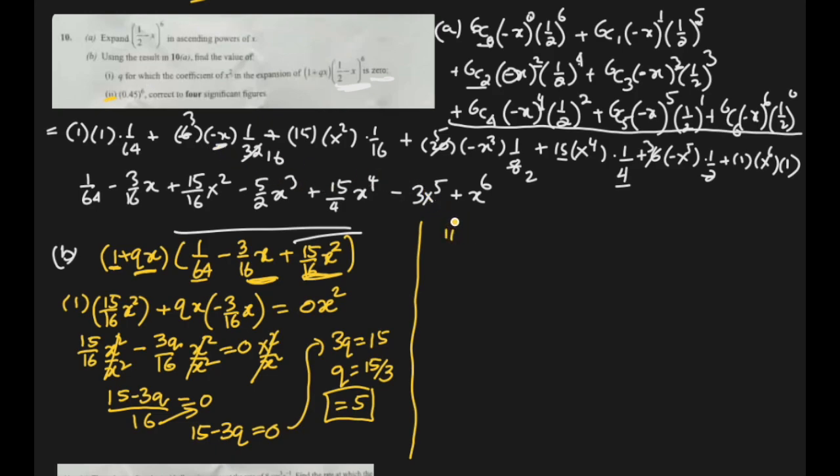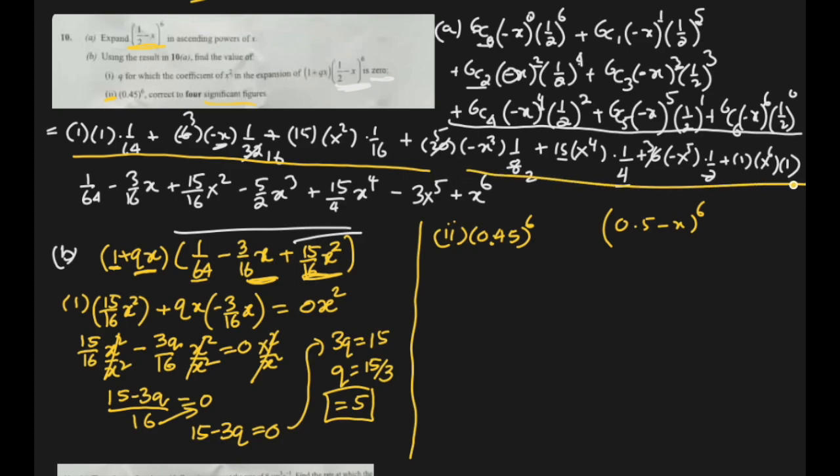0.45 to the power 6. We have to find this correct to 4 significant figures. Okay, so look at the question here. Let me write here. This question was half minus x. In place of half, can I write 0.5 minus x to the power 6? And I expanded it here, right? This whole thing.